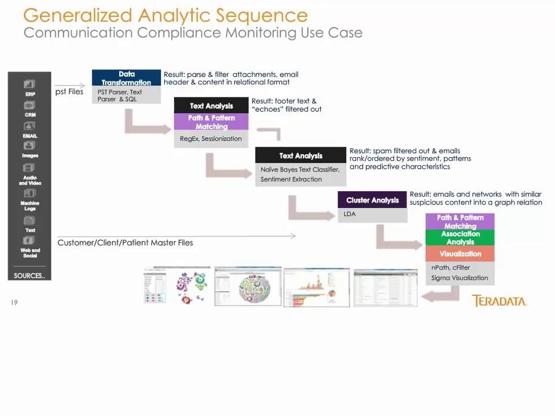We have had discussions with clients to apply the same analytic sequence to call center transcripts and online community forums, where detection of non-compliant messages would be just the start. Additional things like topic identification and sentiment analysis methods would help identify problems and trends as they emerge. So there's lots of value to be had from this process of looking at the text deeply.